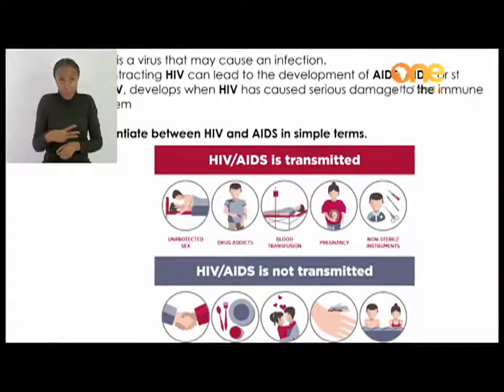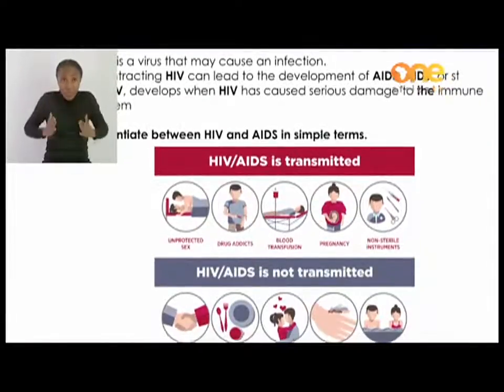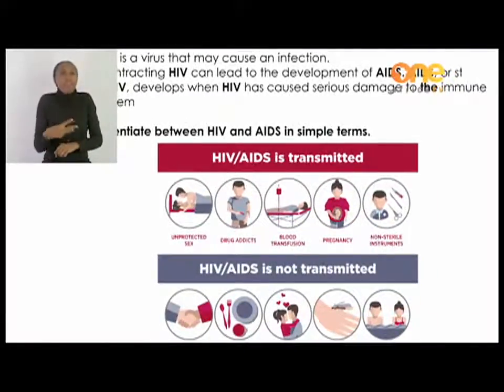HIV in our bodies stays only in certain fluids, such as blood, semen, preseminal fluids, rectal fluids, vaginal fluids, and breast milk. Those are the only parts that can transmit HIV in our bodies.